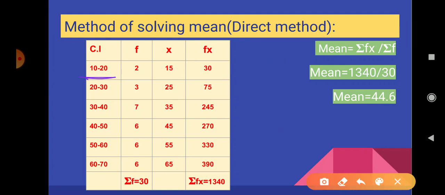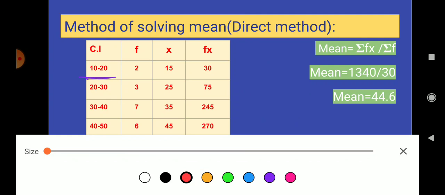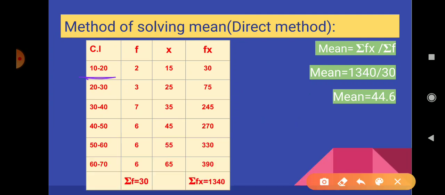Or I can use this formula: lower limit plus upper limit divided by 2.